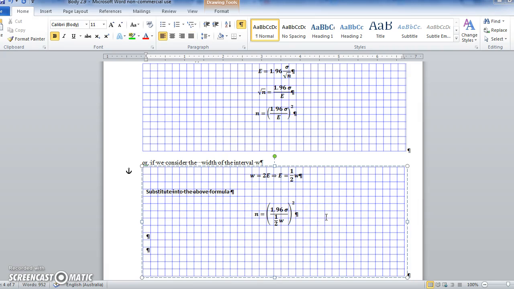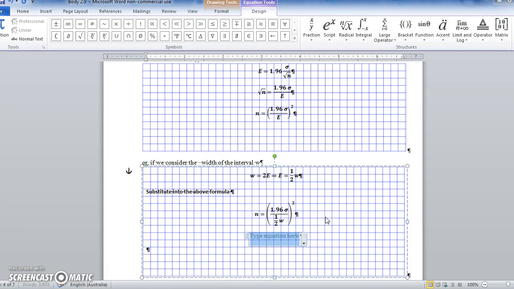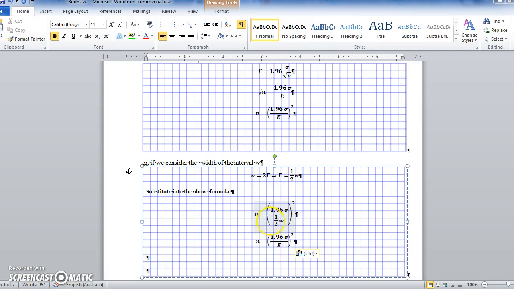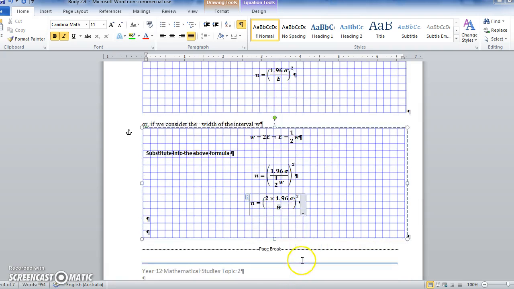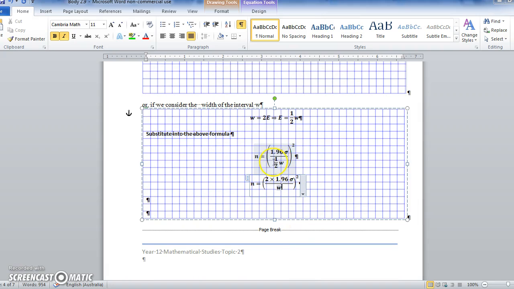And when we have a half W here, then to get rid of the half, it's this over a half times W, so we multiply by 2. So it's simply 2 times 1.96 sigma over W. That's in the denominator, so we invert and multiply.